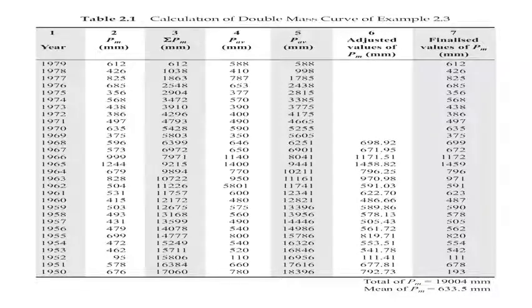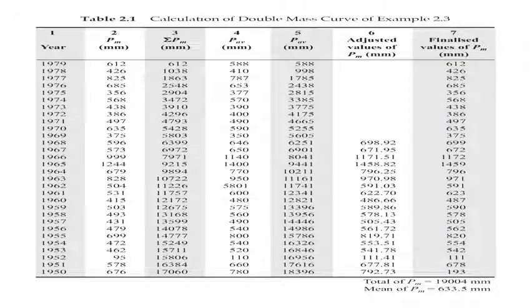In column number 1, you have the year, that is from 1979 to 1950. We have to arrange the data in this order, that is from the recent data to the old records. Since the most recent data given to us is 1979, we will start the calculation from 1979.